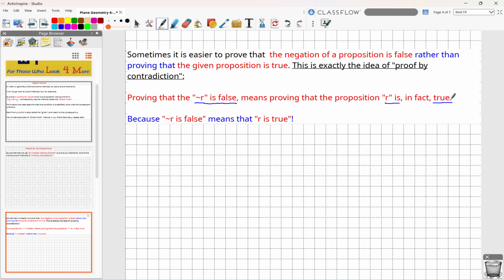So in proof by contradiction, we try to show that negation of R is false instead of proving R is true, because this one is easier. Because we know that if negation of R is false, this means that R is true.